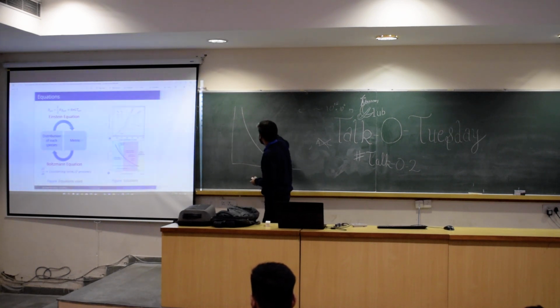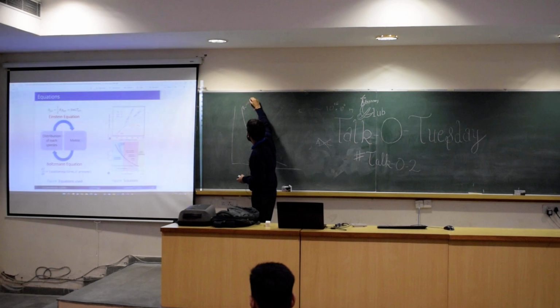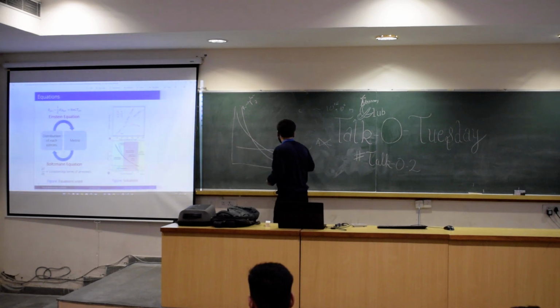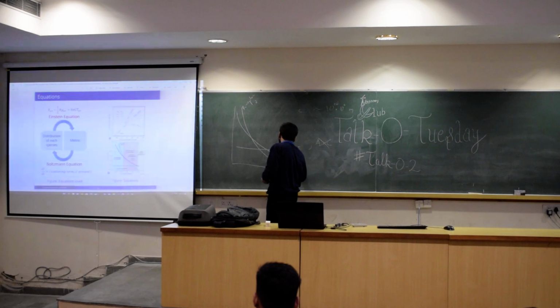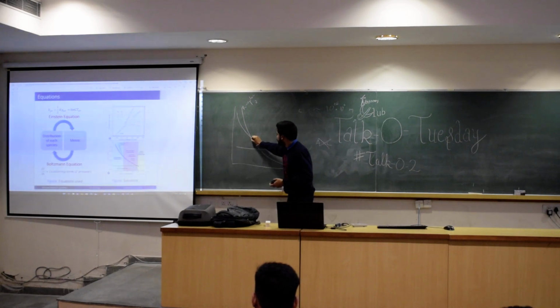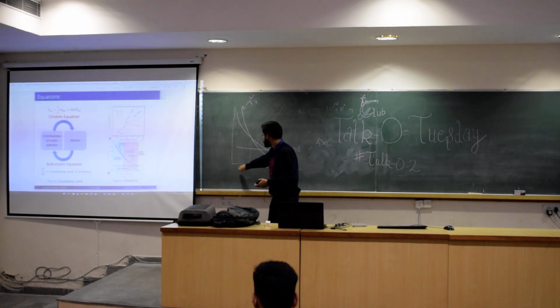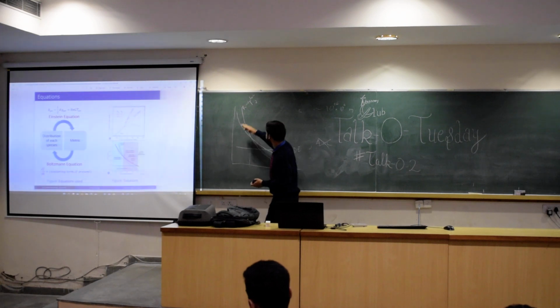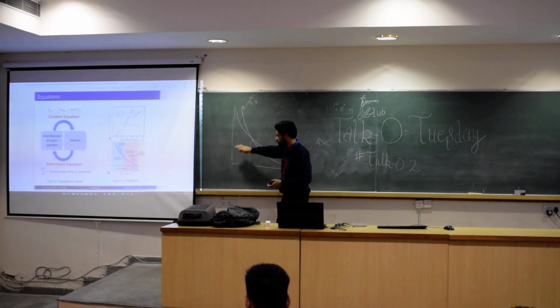One plot for the radiation part. The radiation includes your photons and neutrinos. Then you have one plot for the matter part, and you have one plot for the dark energy. So for the early part of the universe, we had radiation domination.